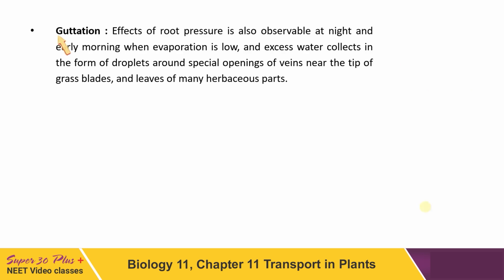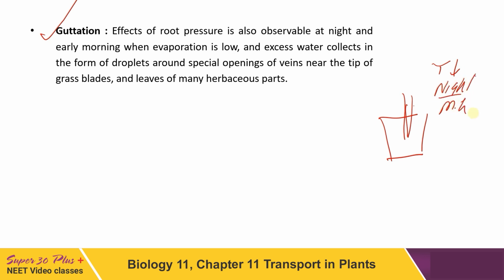Guttation. Sometimes, if you have seen a potted plant, if the rate of transpiration is low, especially at night or in the early morning hours, in some plants, on the leaf, because of root pressure, water droplets may be seen at the open ends.